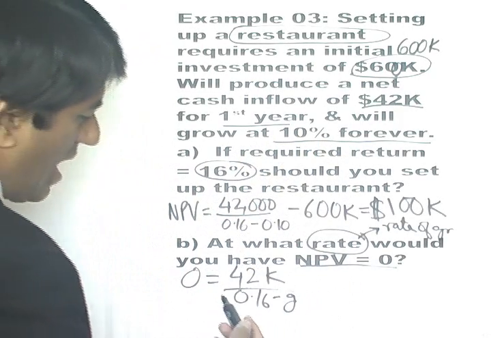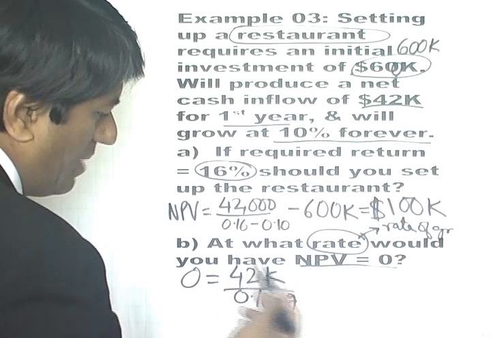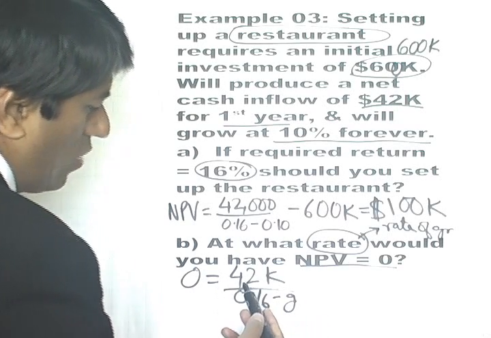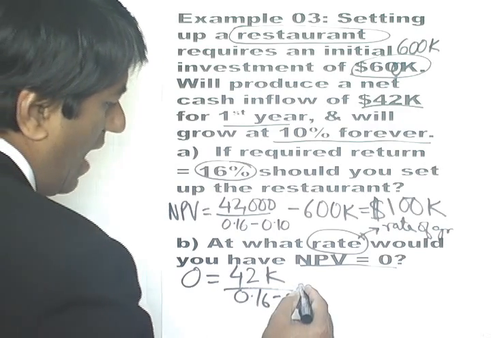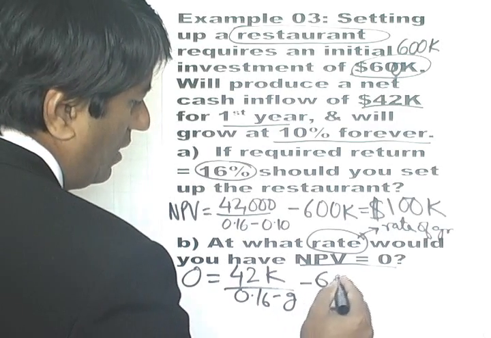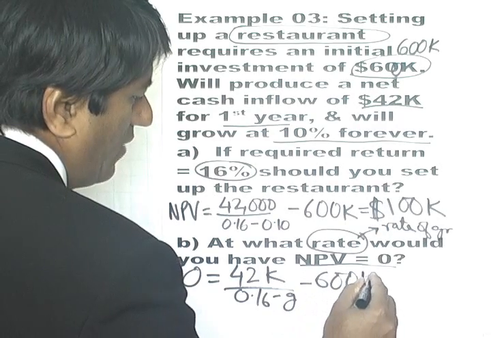So we set that equal to the present value of the perpetuity, 42K divided by 0.16 minus G, minus the initial investment of 600K.